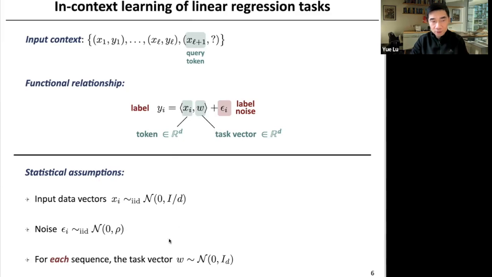But then additionally, we put a probability distribution on the task vectors. And this is what Ju was mentioning about the mixture model. So we have a probability distribution on omega, but for each omega, it specifies a joint distribution between x and y. Okay, and we're going to call these omega the task vectors.